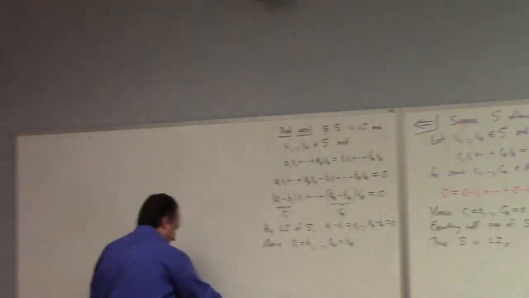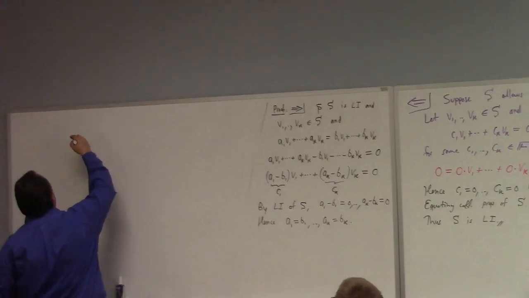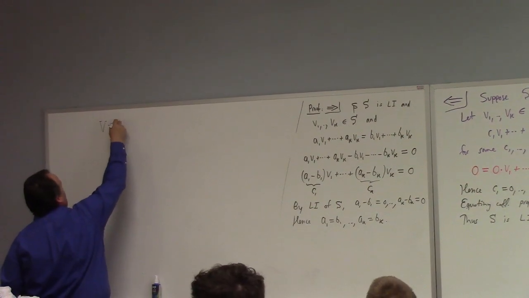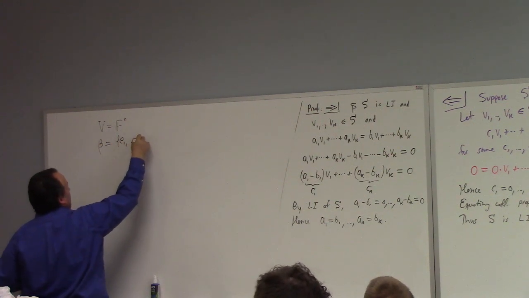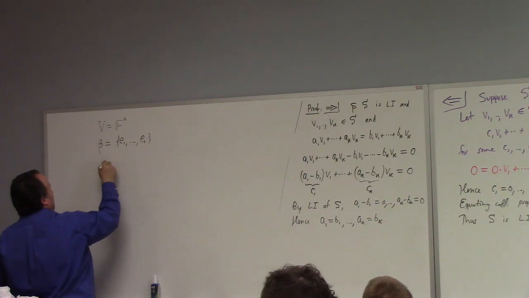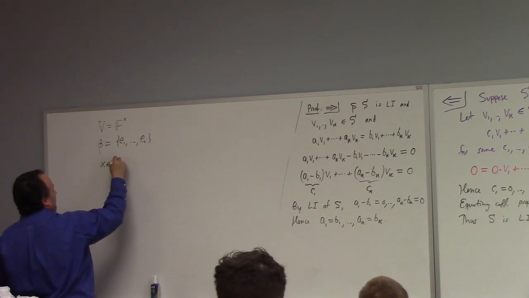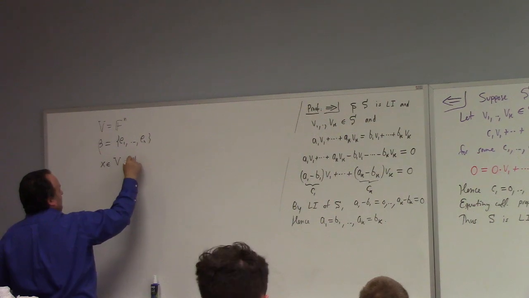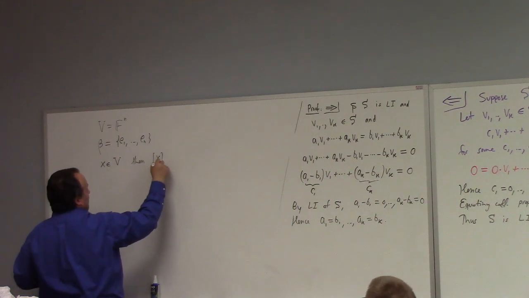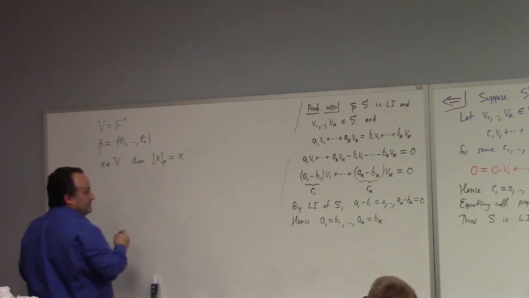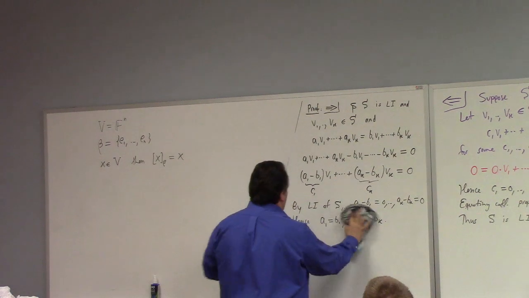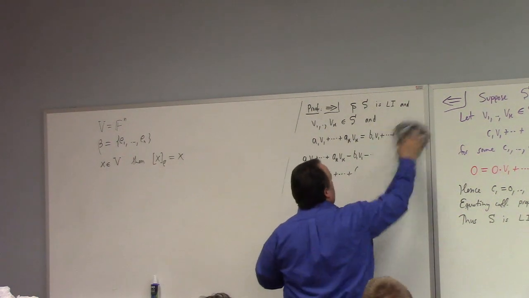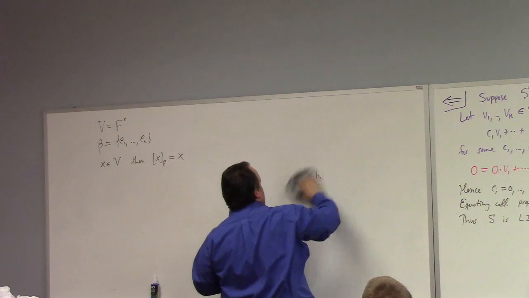So if V equals F^n and beta equals e1 through en, then if x is an element of V, the coordinate vector of x with respect to beta is literally just x again. But generally speaking, that's pretty much the only time that happens. Otherwise, we need to think it through and figure out what the coordinate vector actually is.